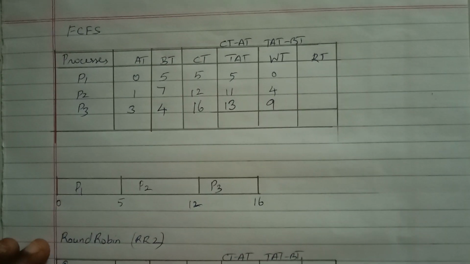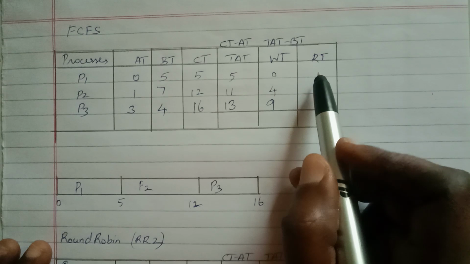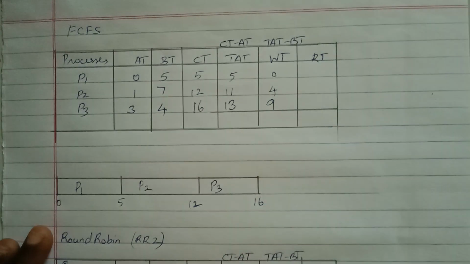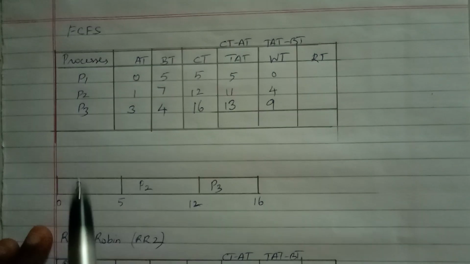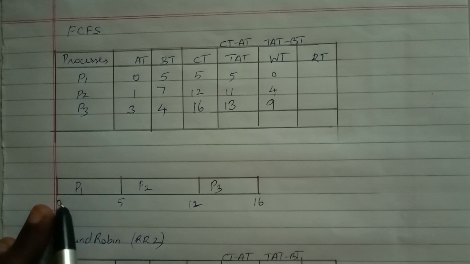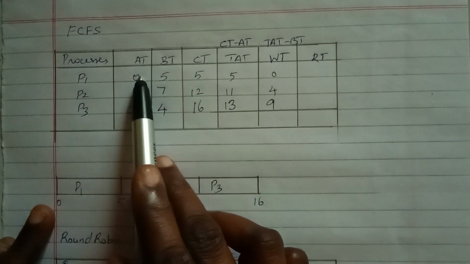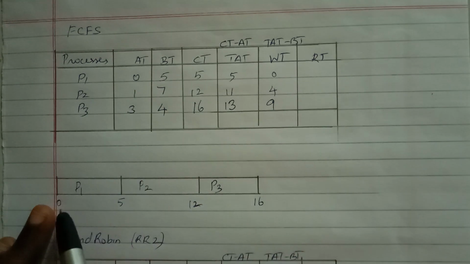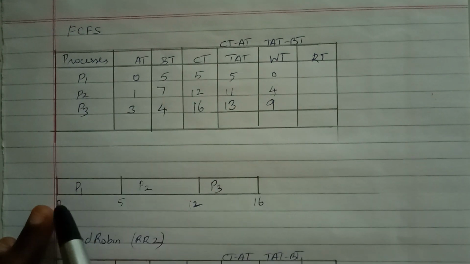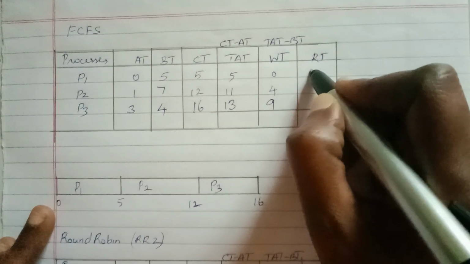You can also calculate the response time. How will you calculate response time? Response time is when the process first gets a chance in the CPU. For process P1, we look at the left side of its bar, where it first gets the CPU, which is 0. But we must apply the arrival time, so it is 0 minus 0, that is response time 0.